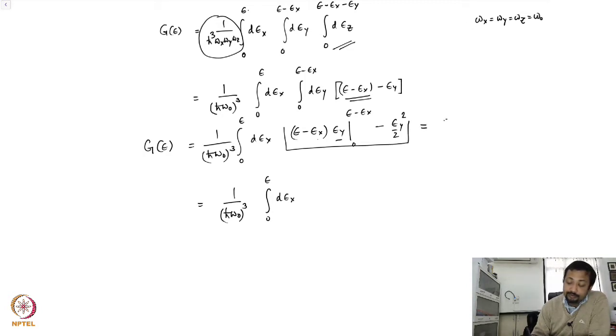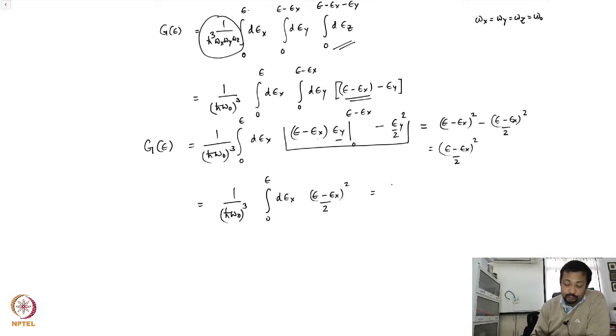Substitute this, and this part can simplify to epsilon minus epsilon x whole square minus epsilon minus epsilon x whole square divided by 2, so that I have epsilon minus epsilon x whole square by 2, which is going to be half 1 over h bar omega naught whole cube, 0 to epsilon, epsilon minus epsilon x whole square d epsilon x.